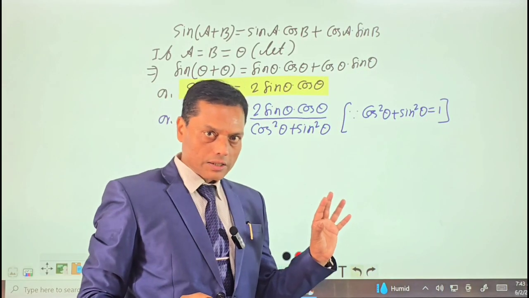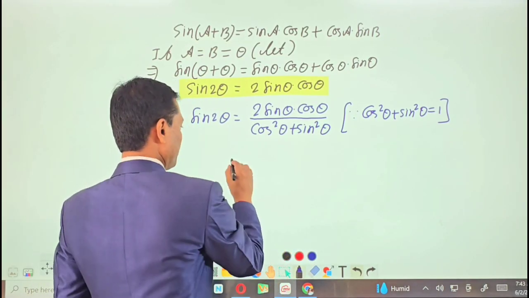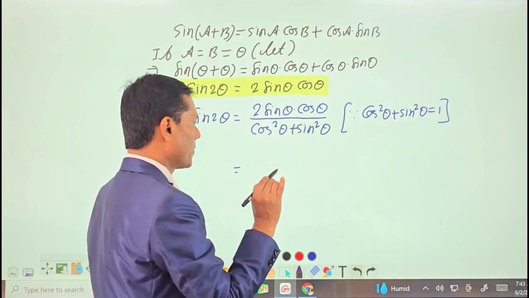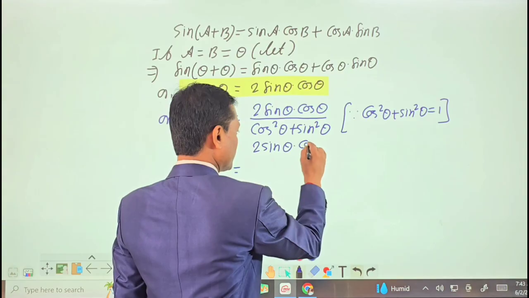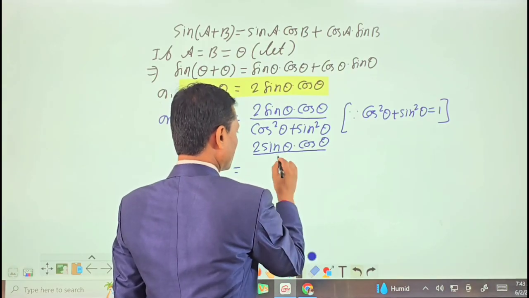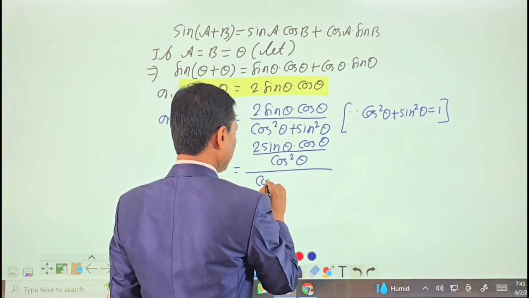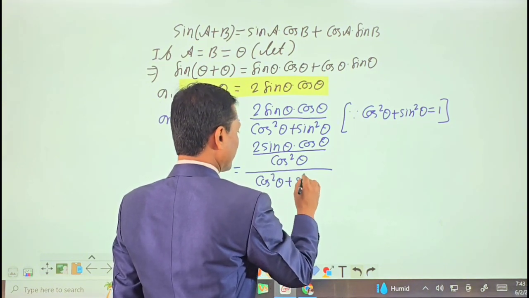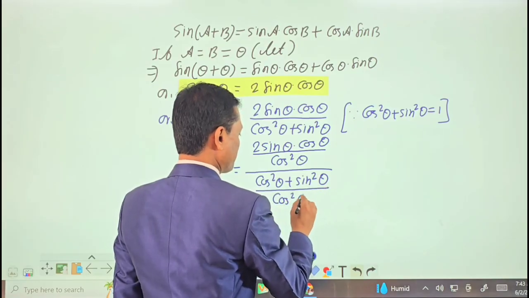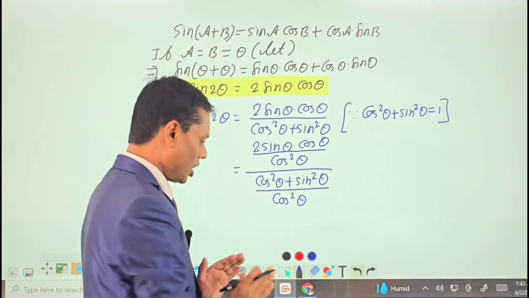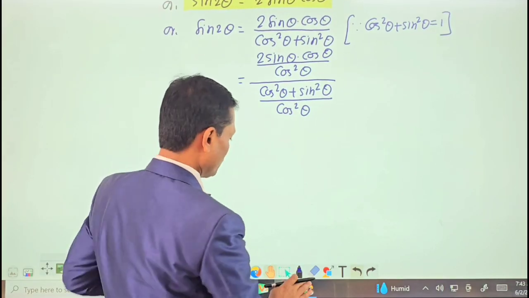Now let's divide the numerator and the denominator by cos square theta. So when we divide the numerator and the denominator by cos square theta, we have 2 sin theta dot cos theta over cos square theta, and in the denominator cos square theta plus sin square theta, over cos square theta.